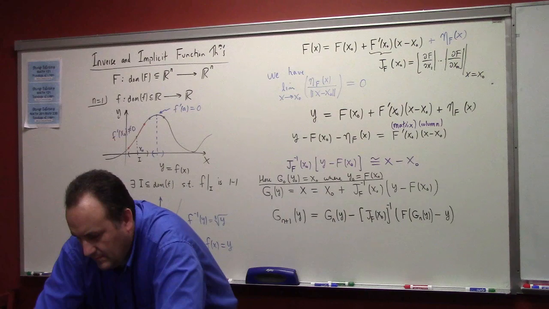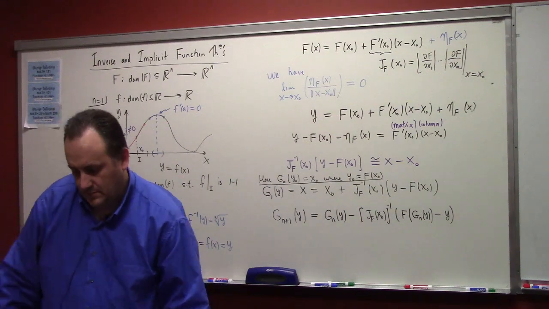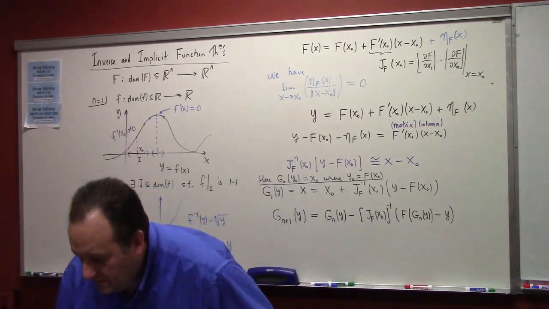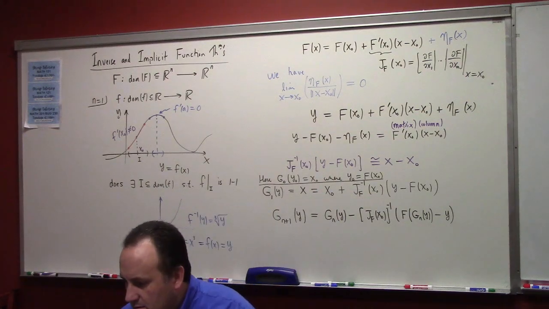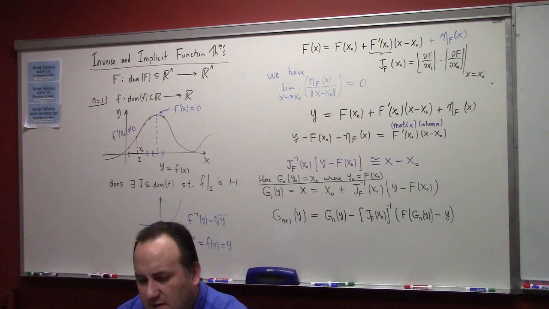So we get multiple approximations that get better every time to the inverse. Let me check on this. This is theorem 3.3 on page 185 of Edwards.